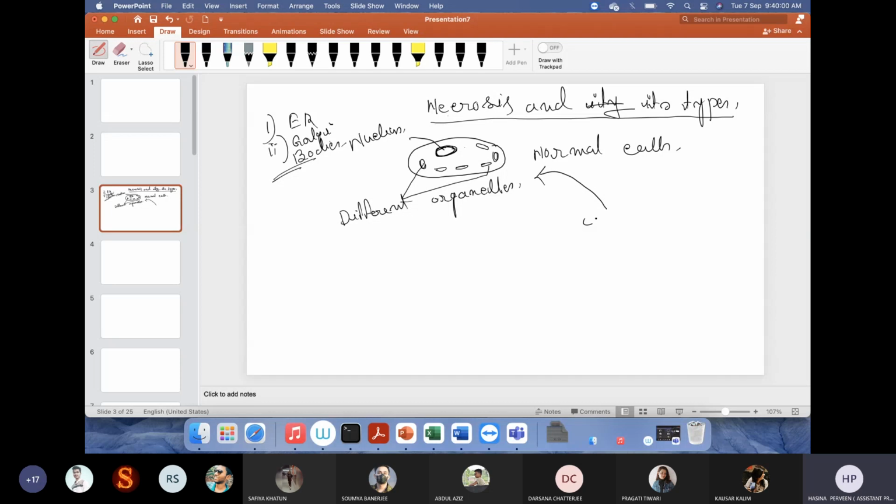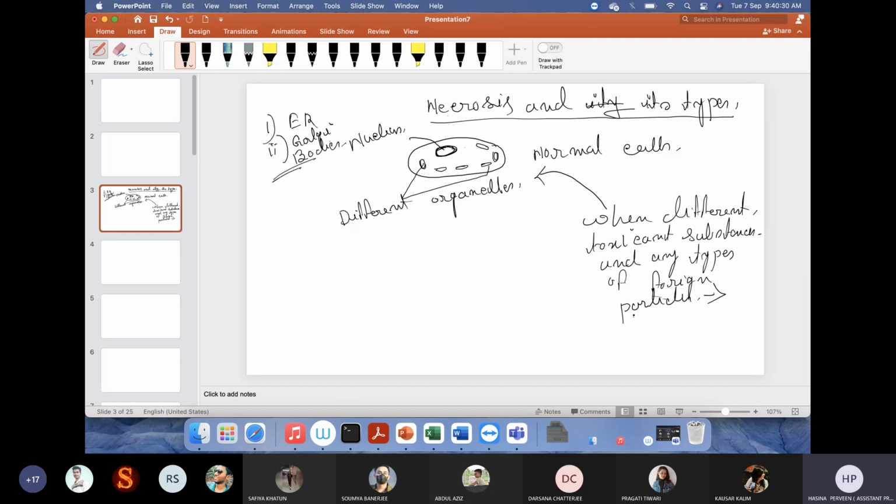When different toxic or toxicant substances and any types of foreign particles, that means different types of pathogens like virus, bacteria and other parasites, enter our body, then cells may adapt to different types of stress condition.